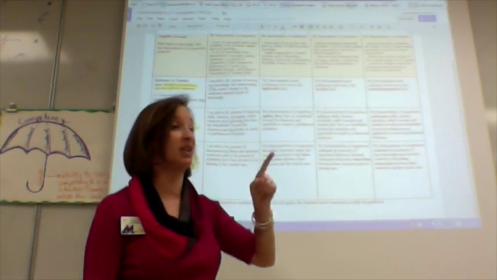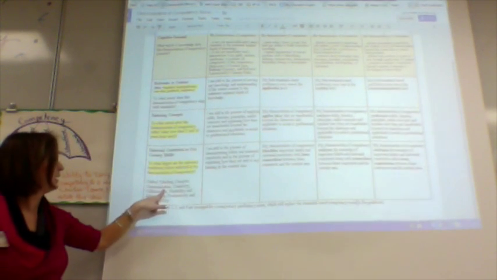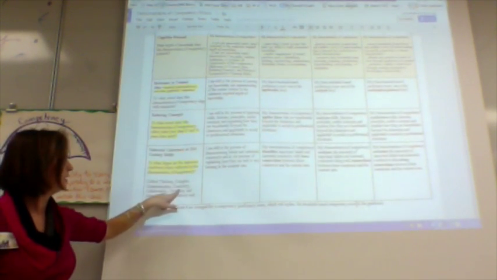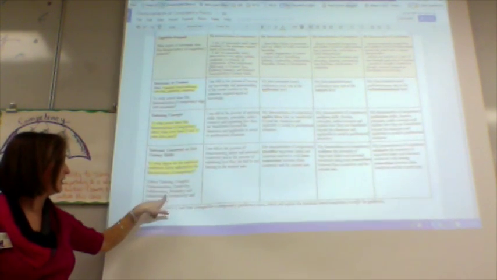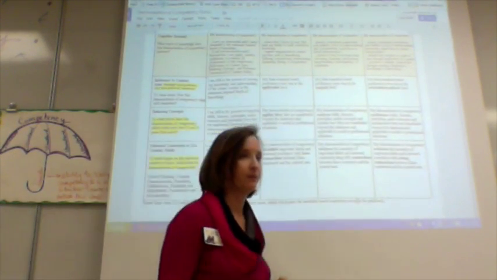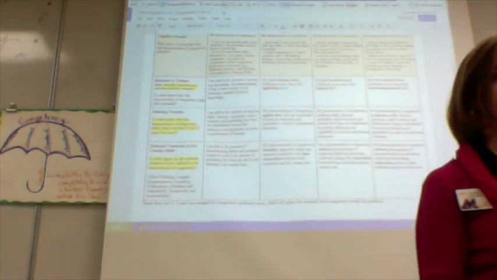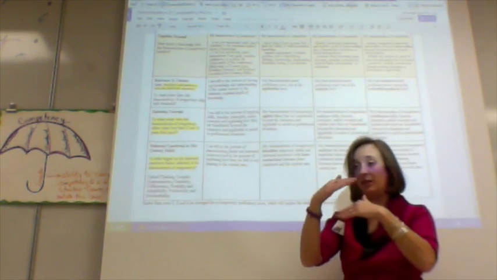Think about where we've done these in class already. Critical thinking, complex communication, creativity, collaboration, flexibility and adaptability, productivity and accountability. Have we done any of those in class so far? In competency 1, just with those projects and things we've done?